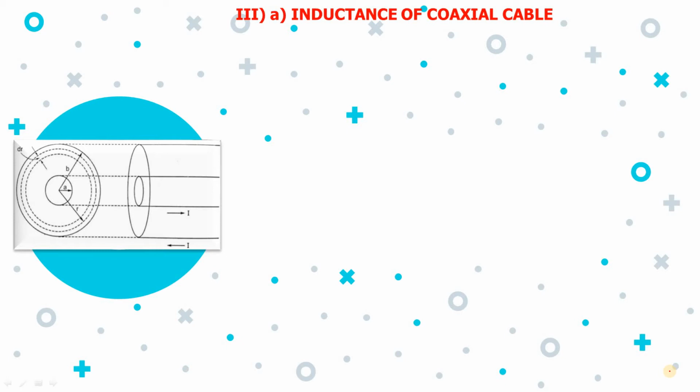Just assume a long coaxial cable, and first you need to find out the inductance. Then the second part is to include the inner conductor and outer conductor concept and find the inductance. So both parts we are going to discuss as a coaxial cable derivation.